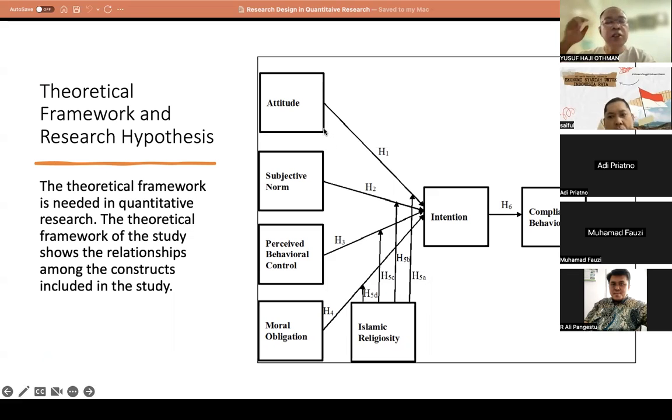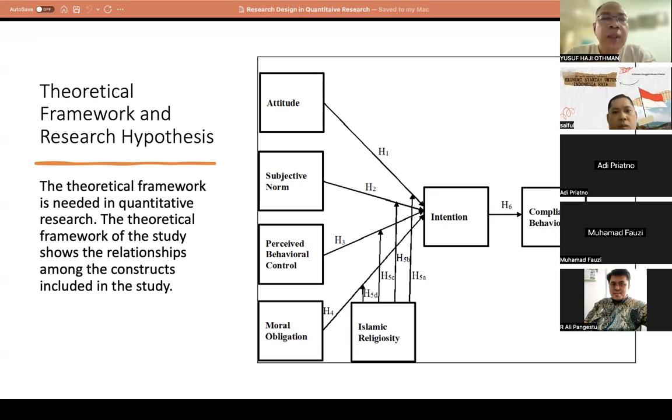Attitude refers to the attitude of the respondents to perform certain behavior, in this case to pay the income zakat.